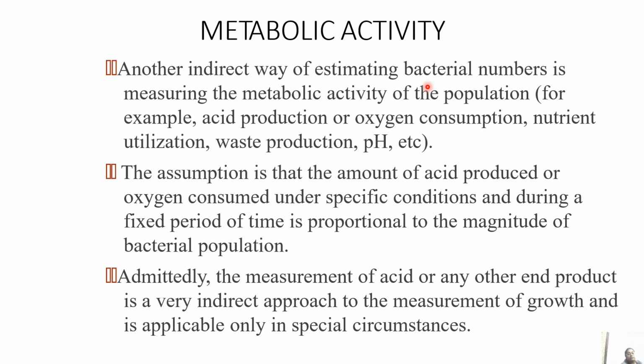For example, acid production or oxygen consumption, nutrient utilization, waste production, pH, etc. Now, the assumption is that the amount of acid produced or oxygen consumed under specific conditions and during a fixed period of time is proportional to the magnitude of the bacterial population. Admittedly, the measurement of acid or any other end product is a very indirect approach to the measurement of growth and is applicable only in special circumstances.